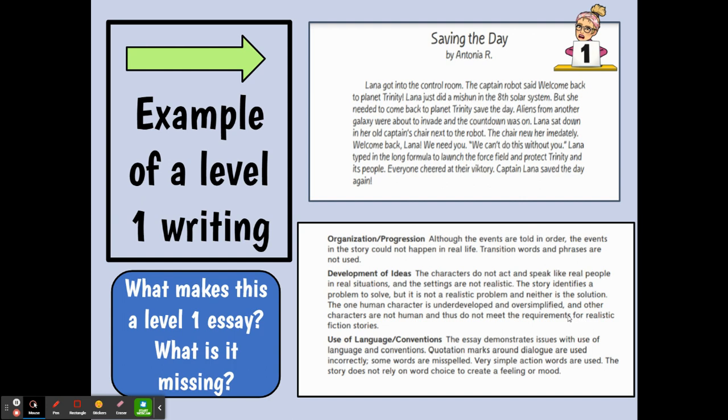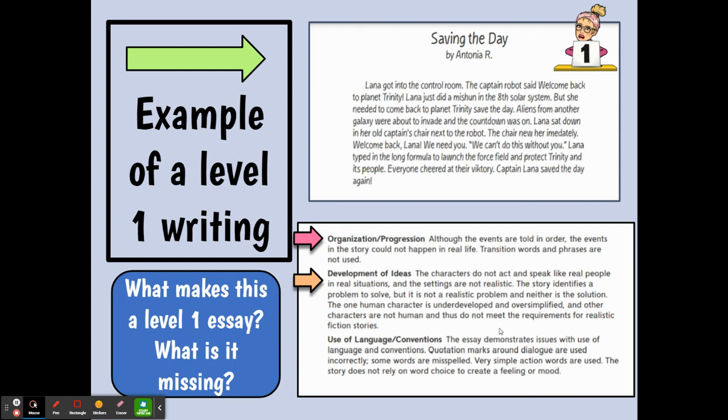So why was this a level 1, which again would be a D or an F for your grade? And although the events are in order, the events that they wrote about can't happen in real life. And the characters do not act or speak like real people in real situations. The setting is not realistic as well. And then there's not a lot of development in the character.